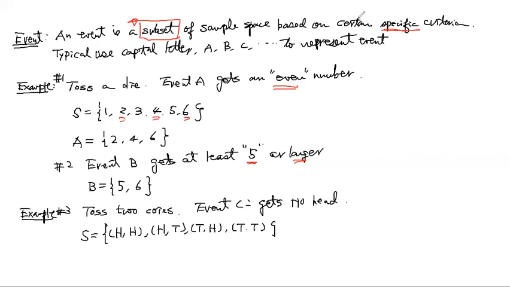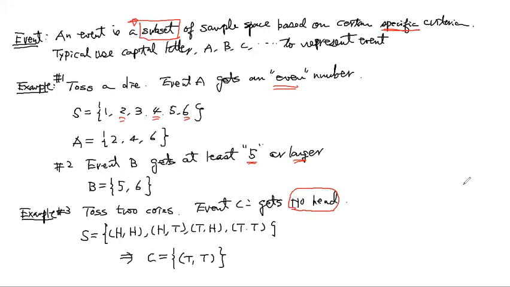Now the event C says, hey, this is my specific criteria: no head. So that means my C cannot have head head, cannot have head tail, cannot have tail head. So the only element in here is tail tail, because they said no head. Okay, that's what we call the events here.